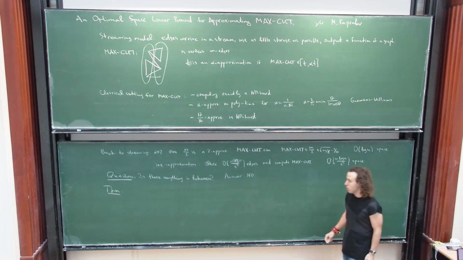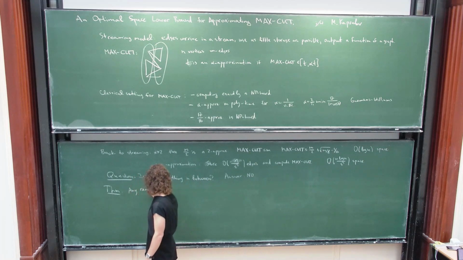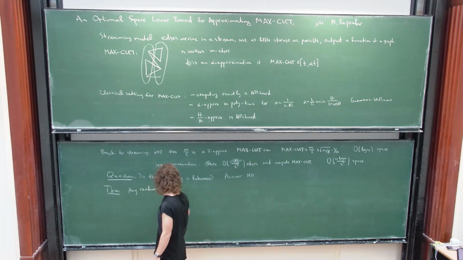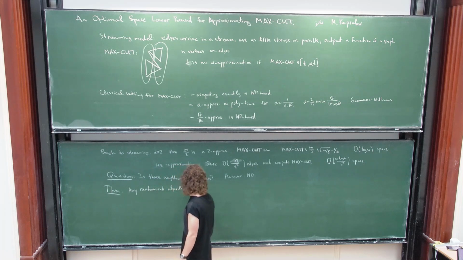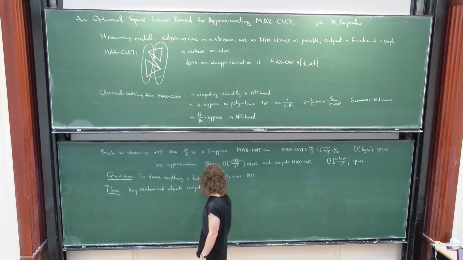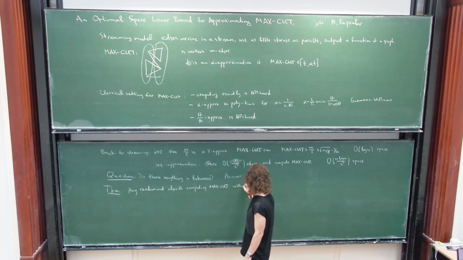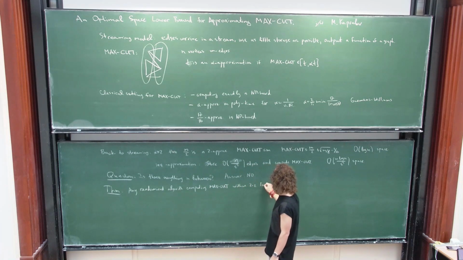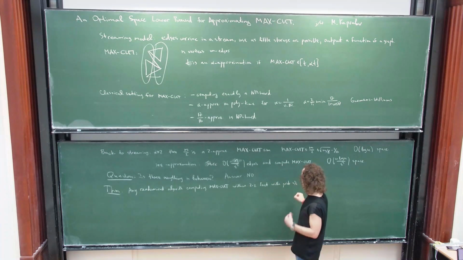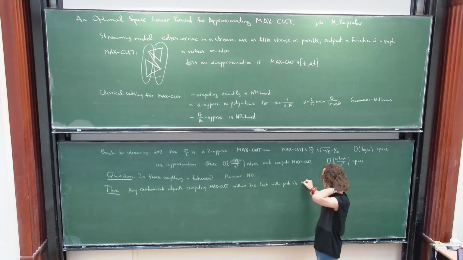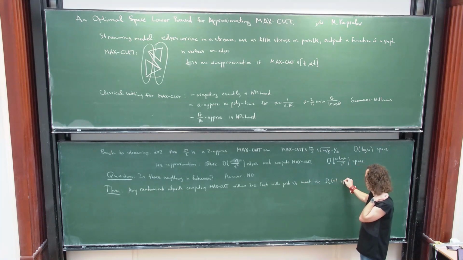So any randomized algorithm computing a cut within a 1 minus epsilon factor with probability larger than 1/2 must use at least linear space.